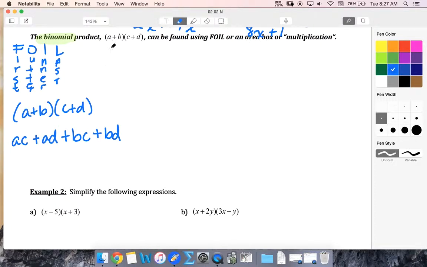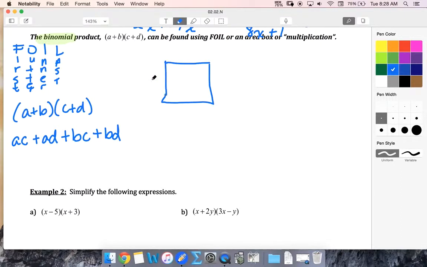So anytime I multiply two things, I can think of those as a length and a width. So it's like I have a box that has a length of A plus B and a width of C plus D. Well, I can divide any areas into their separate parts.